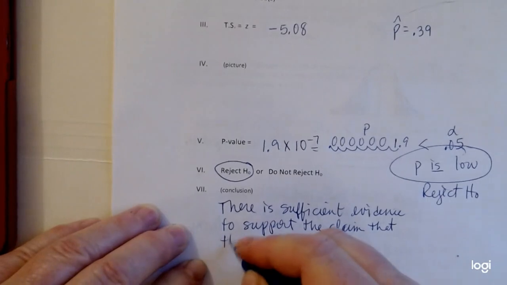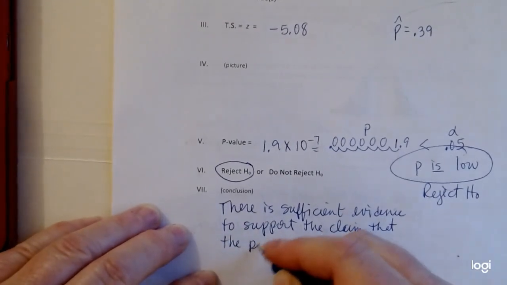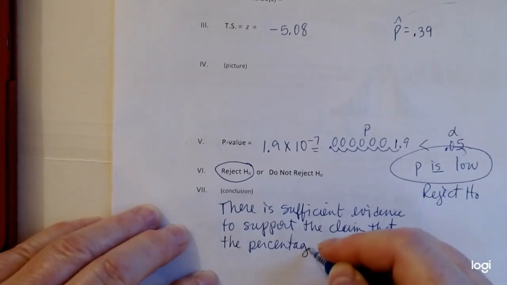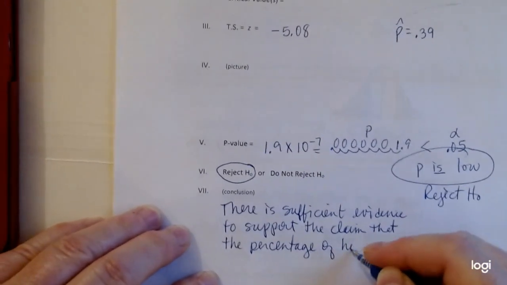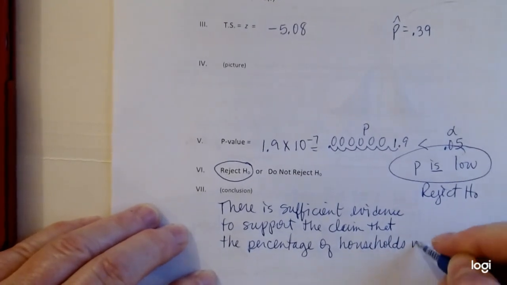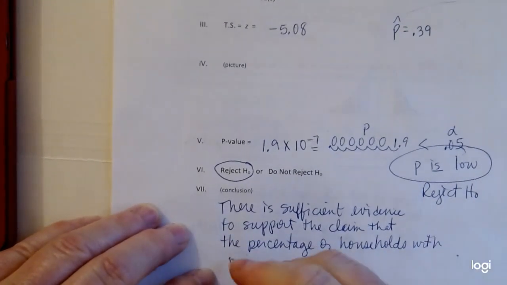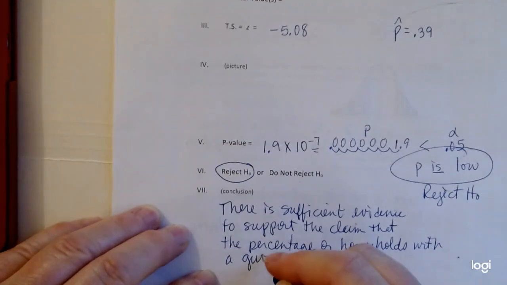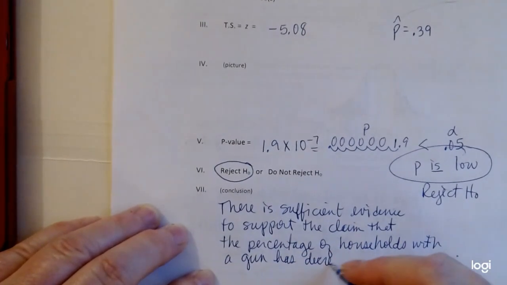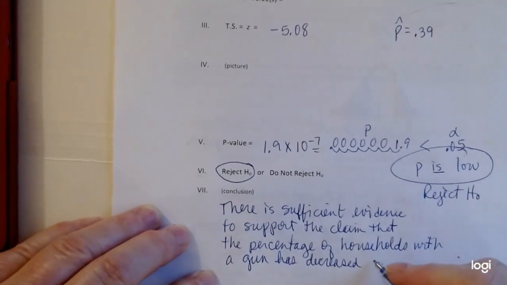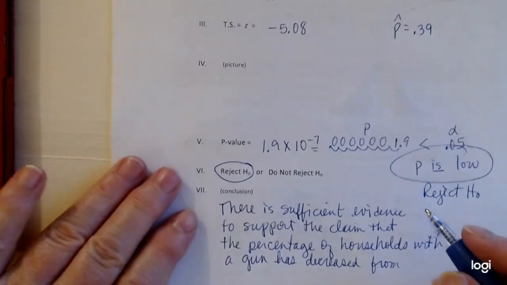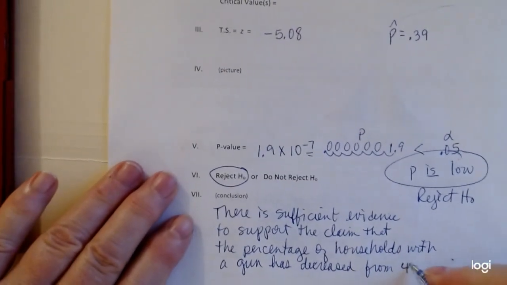that the percentage of households with a gun has decreased from 47%.